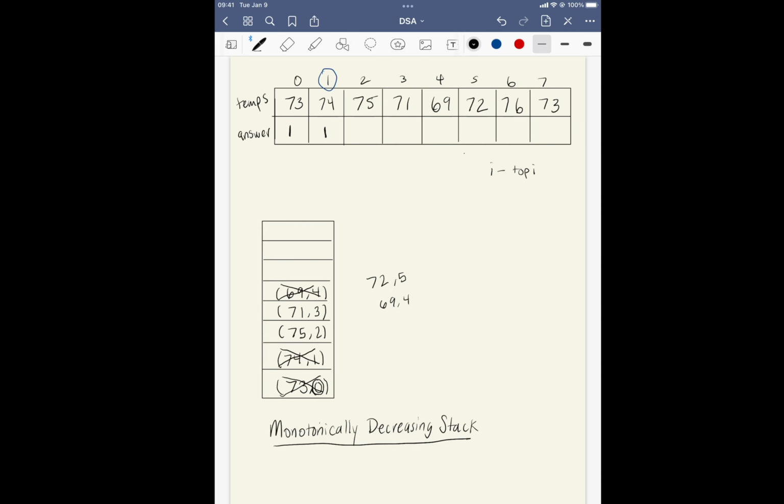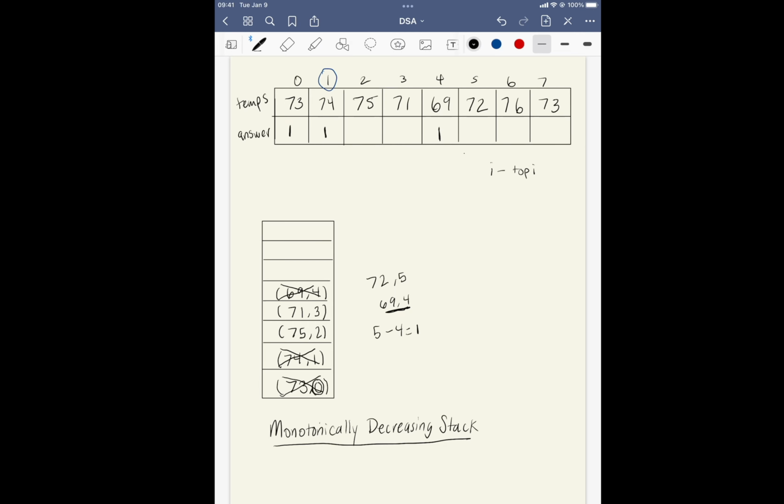So we do our I that we're on, which is 5, minus the I on top of our stack, which is 4. And we get the number of days that it took for the number at this index to find a higher temperature. So we make that a 1 right here.